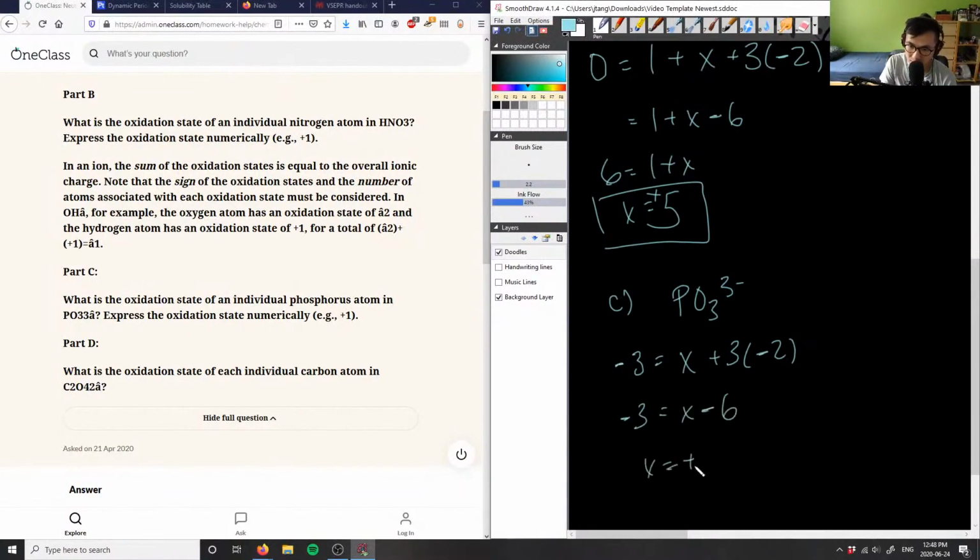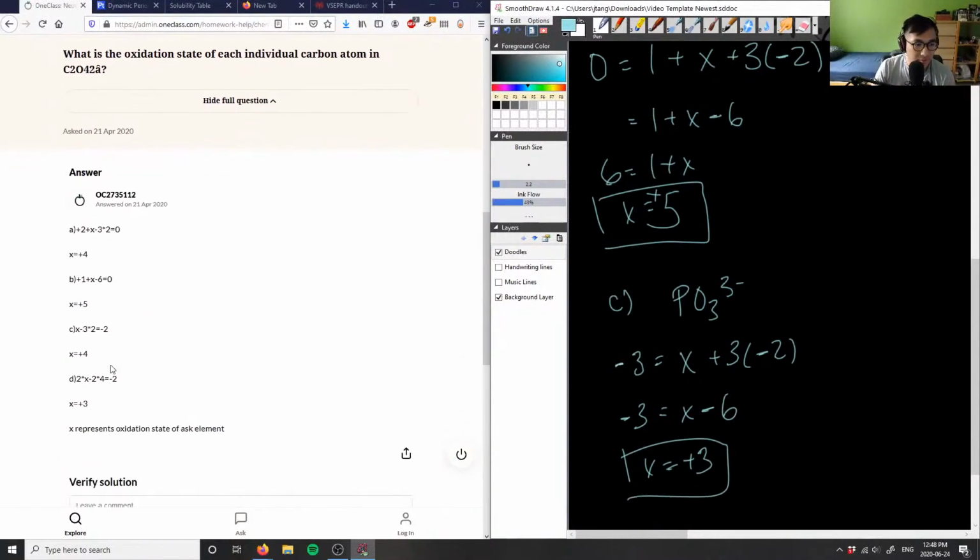So X here has to be equal to +3. So let's see, they got +4 here, which I don't think is correct. -3 plus 6 gives us 3. So I think they did their math wrong here.